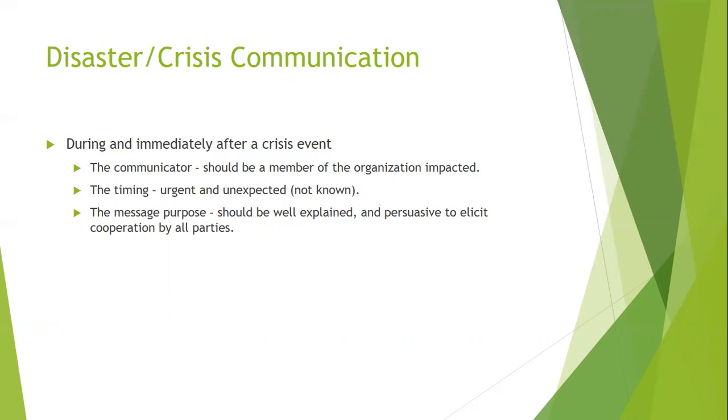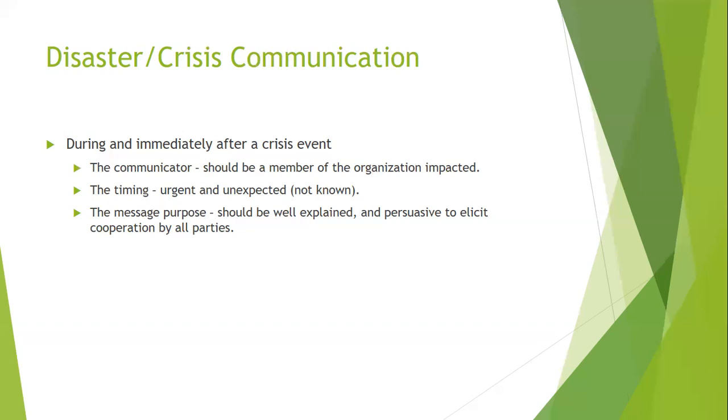Additionally, the timing of the communication should be urgent. It is also unexpected in the sense that it is unknown, so they must plan for it, so that if and when it occurs, they are ready to deal with it immediately. The message purpose in crisis communication should be well explained and persuasive to elicit cooperation by all parties.